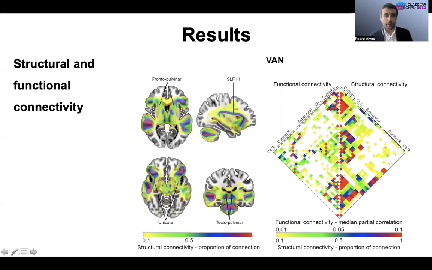In the connectivity analysis of VAN, the structural map does not only reveal the typical association fibers, such as the third branch of the superior longitudinal fasciculus and the uncinate, but also a group of projection fibers, namely frontopulvinar and tectopulvinar.